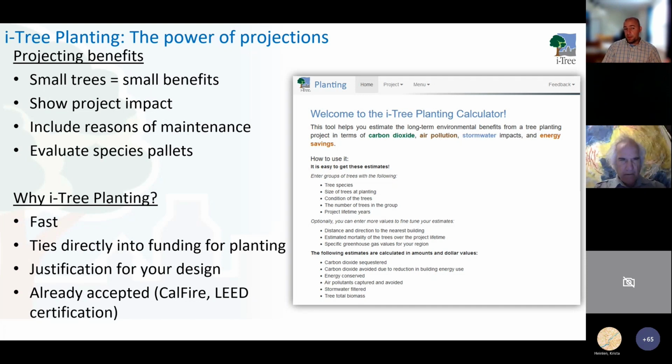And this is already accepted for funding grants. CAL FIRE uses iTree planting in how they provide funding grants for tree planting. iTree planting is also accepted in LEED certification of landscapes. So you have to submit an iTree planting plan if you're looking for that landscape certification. So that's already there, and I'll just keep moving through.